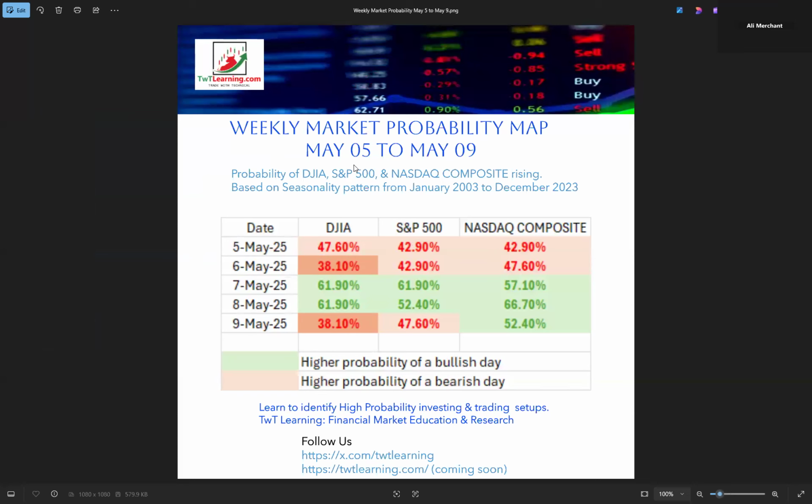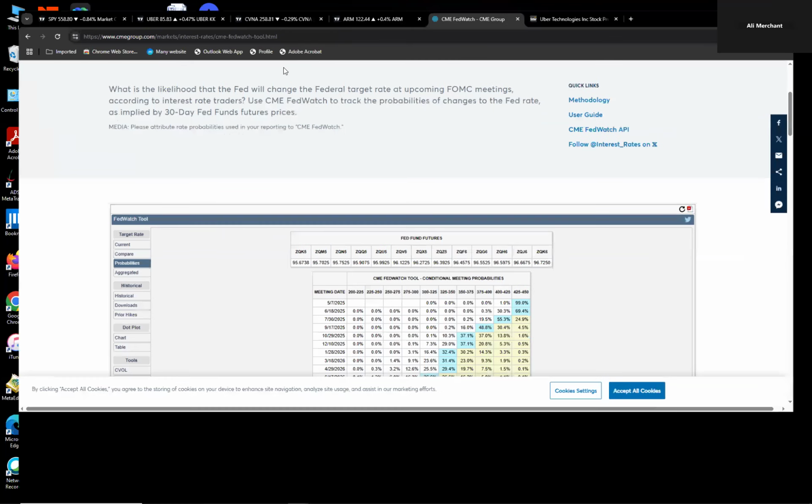The weekly market probability map suggests that 7th May has historically been a positive, bullish trading day for Dow Jones, S&P, and Nasdaq. We'll see how it goes. So far, the last 2 days have been in line with our projection. So let's go back to the charts.